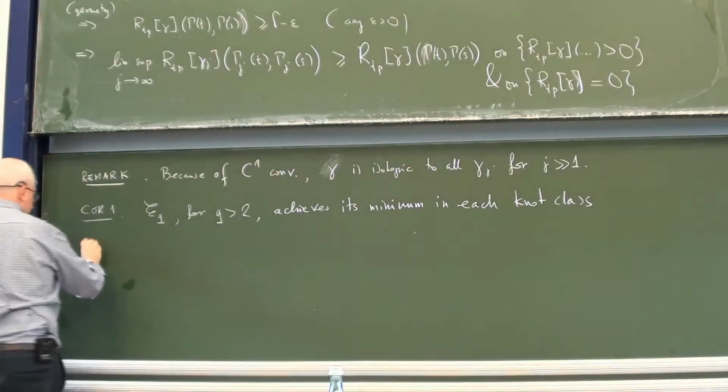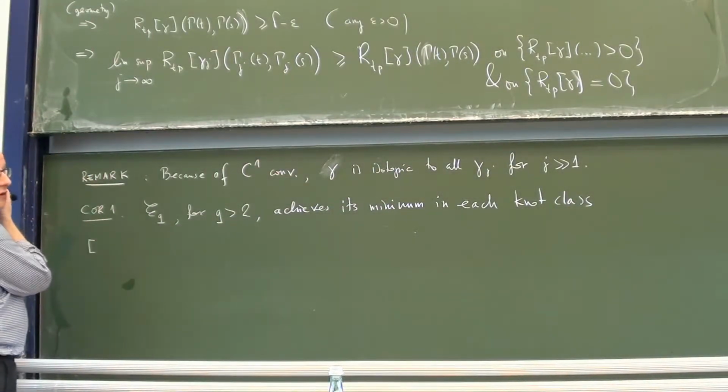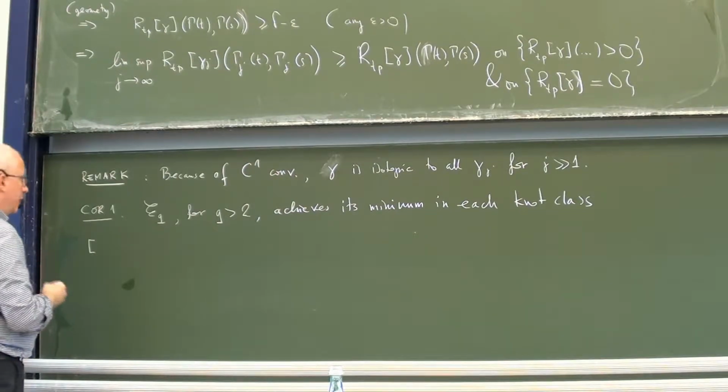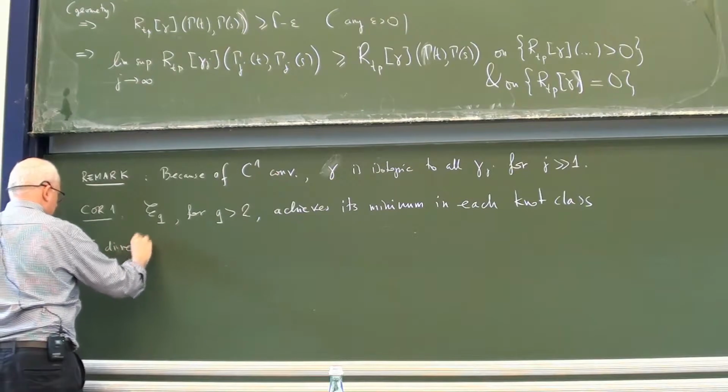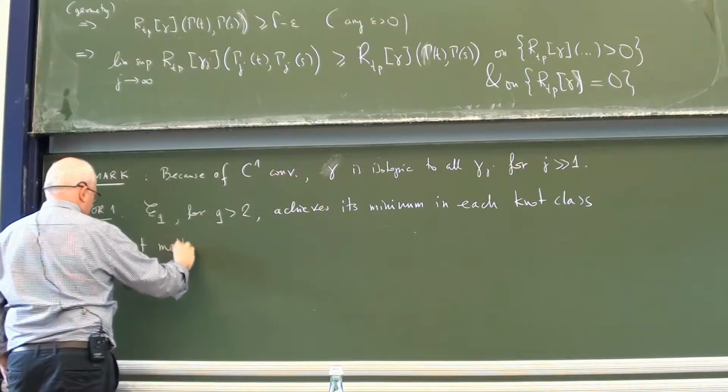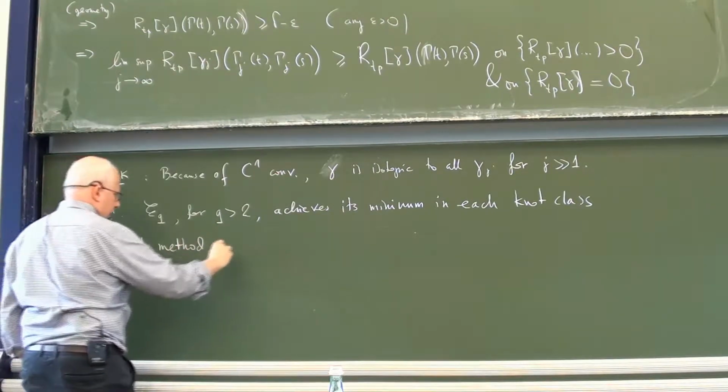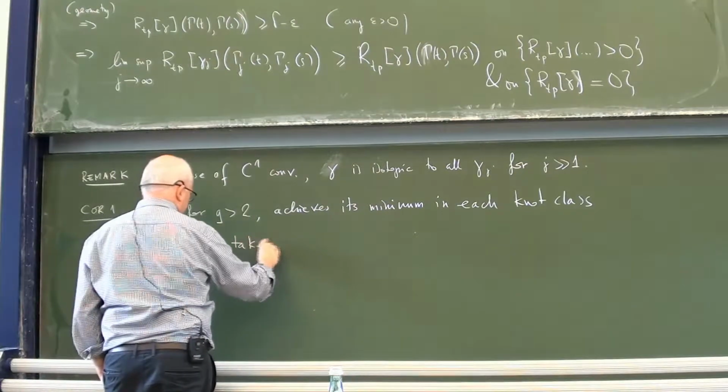And the proof is, of course, just a standard direct method of the calculus of variations. Take a minimizing sequence.